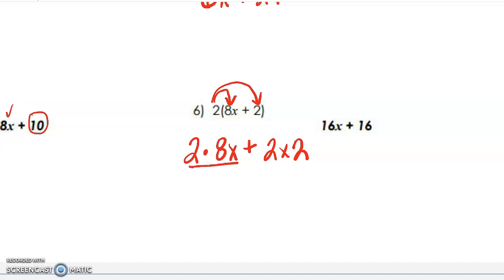So here I'm going to do 2 times 8, which is 16. I'm going to recopy the x, add the plus sign. Then 2 times 2 is 4. And let's see how they did. They got the first part right, and again, they did not get the second part right. Looks like maybe they just copied the 16 from before. Not sure. But that should be a plus 4.